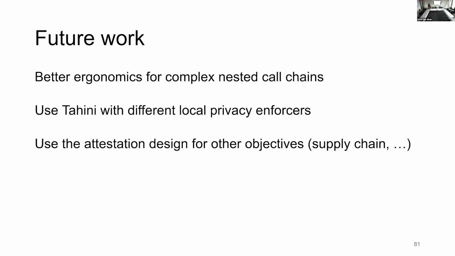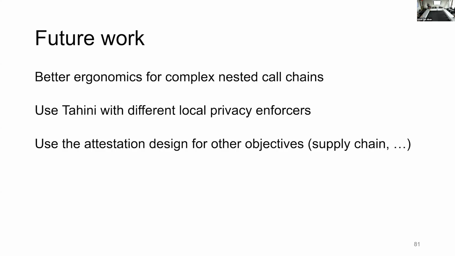We consider Tahini to be some sort of stepping stone into other areas of usage. One of them being, maybe we can attest to supply chains. Maybe you have some dependency that you want to be able to attest at runtime. We consider this to be a very interesting use of Tahini's attestation protocol with the trusted compilation and the manifest.